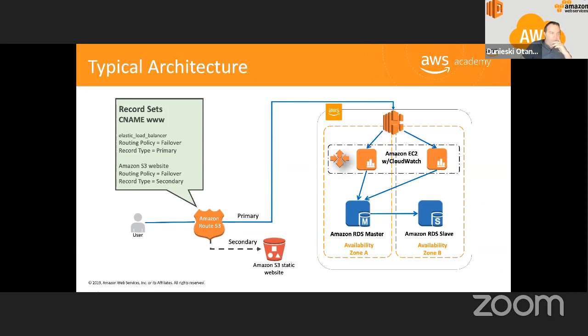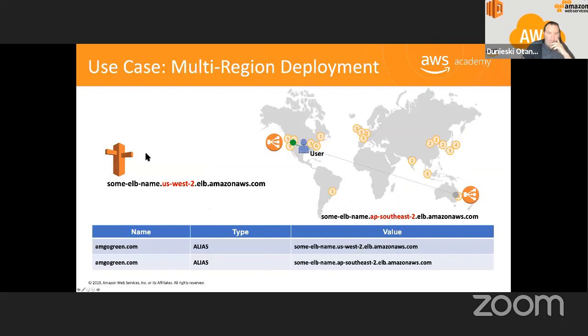So in a typical architecture, you have a record set, CNAME, elastic load balancer, routing policy failover, for example, record type primary. You may have 2 record sets here. One is the primary, and the second one is the secondary. In the case of failover, let's say that you have 3 regions, and one region goes down.